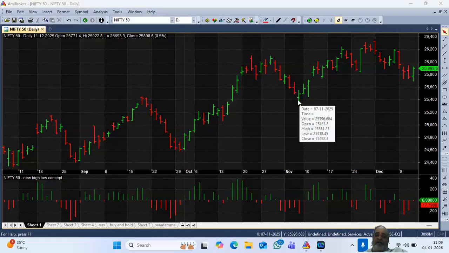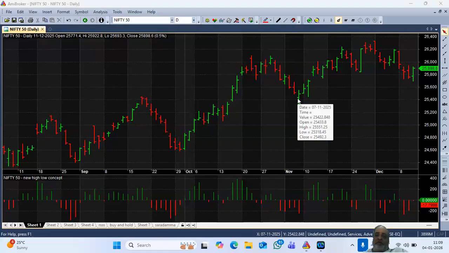And you can see that here this bar opened low, almost at the same place as the previous close. It made a fresh low, but the bar recovered very smartly.